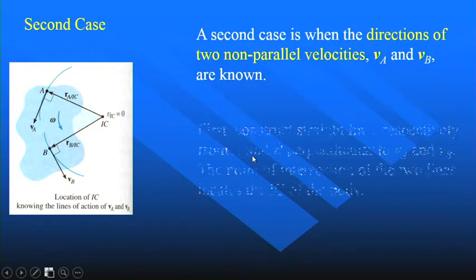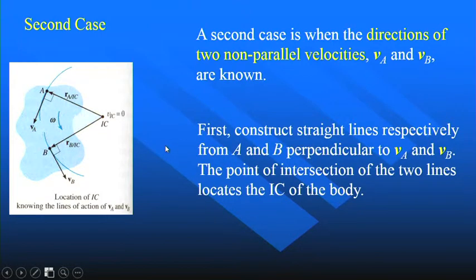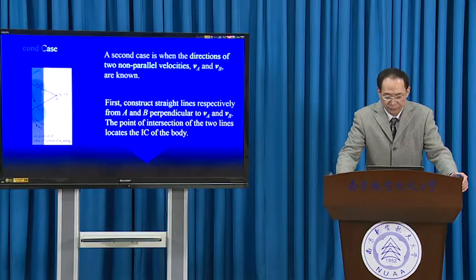Okay, so this is a drawing method. That is, first construct straight lines respectively from A and B perpendicular to VA and VB. The point of intersection of the two lines locates the IC of the body. So this is the second method.